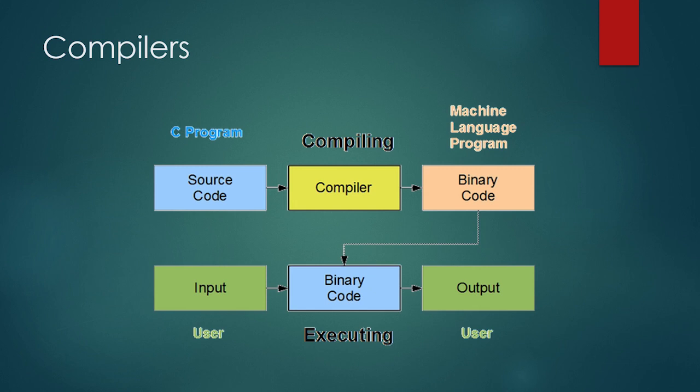And that's the end of the compilation process. If you want to execute the program, you have to come down here and run it. So the same binary code that you compiled is now starting to execute. It takes input from the user, does whatever it does to transform that input, and produces output, which is also shown to the user.